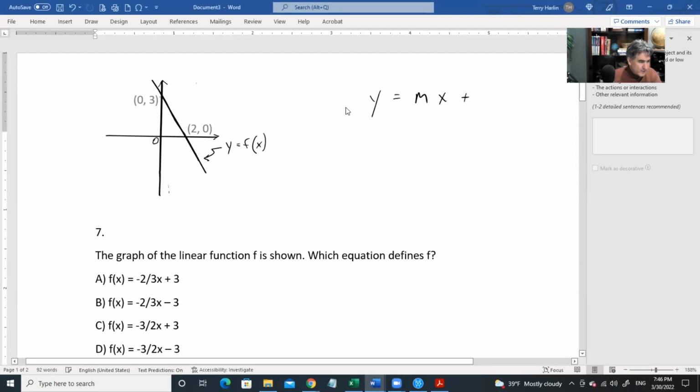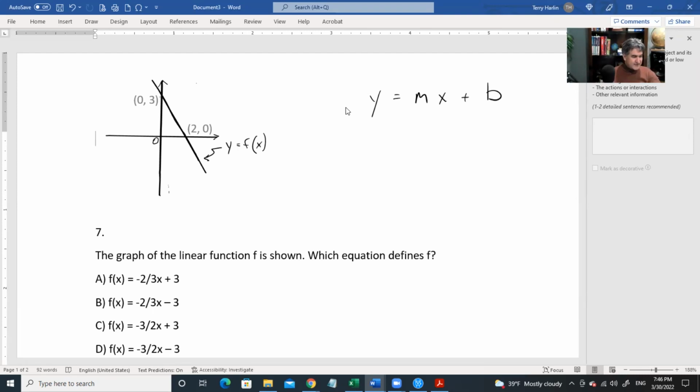They are in the form y equals mx plus b. And what do we notice about these answer choices? Well, the y-intercept is either 3 or -3, and the slope is either -2/3 or -3/2.